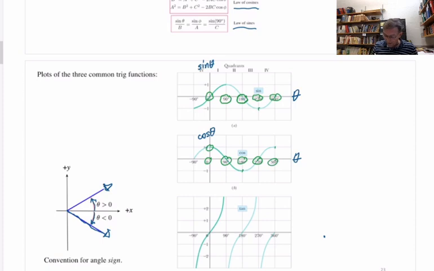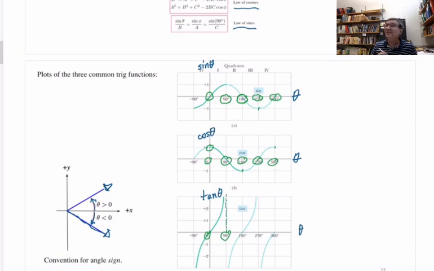The third graph is tangent theta versus theta. It's a little bit more interesting, perhaps, you might say, than sine and cosine, but you need to be able to recognize that graph when you see it. So when theta is 0, tangent is 0. As you approach theta of 90, the tangent function becomes more and more positive and bigger. In fact, it diverges. That's called a vertical asymptote there at 90.